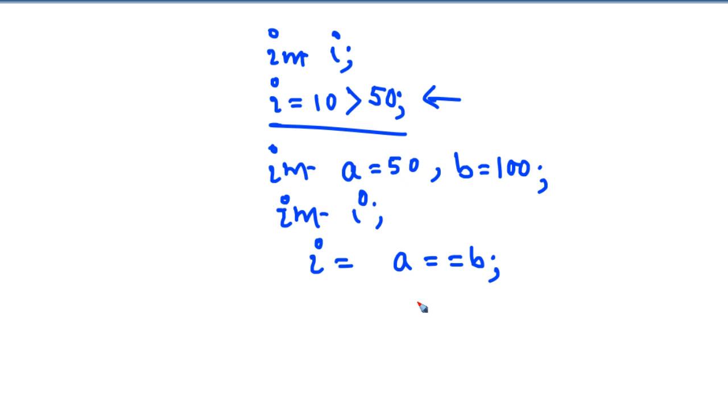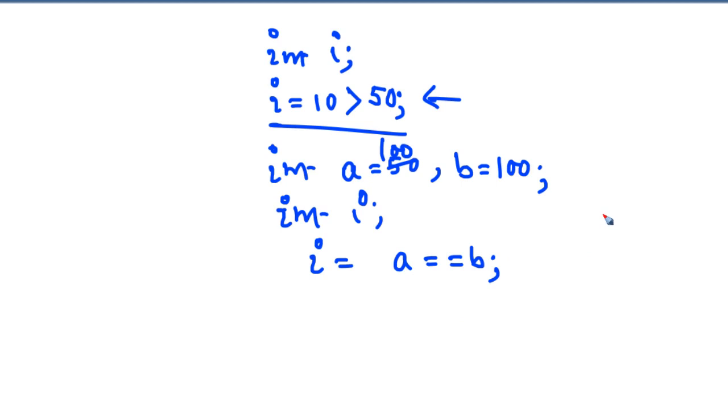If they are equal, it returns 1. If they are not equal, it returns 0. Now in this case, A is 50 and B is 100, so equals to fails. So the value of I is going to be 0 because the equality operator returns 0. Otherwise, had we initialized A with 100, then equals to would return 1 in that case. So I would be 1.